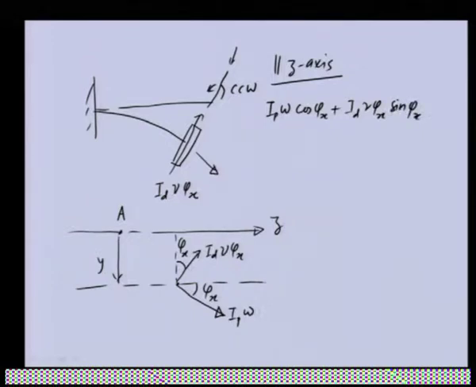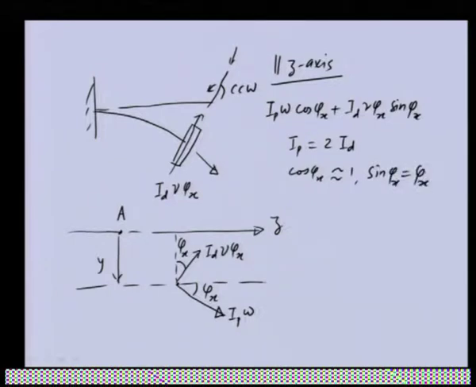This is because for the thin disk case we know Ip is equal to twice of Id. So, if we use this in the above expression, and for small angle phi x, we can assume cos phi x is 1 and sin phi x is equal to phi x.